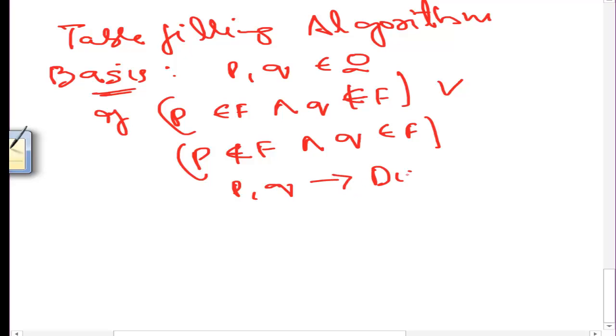We're going to find these distinguishable pairs.